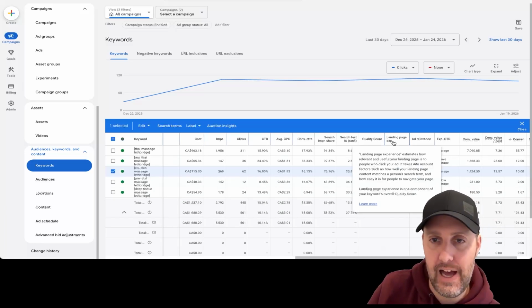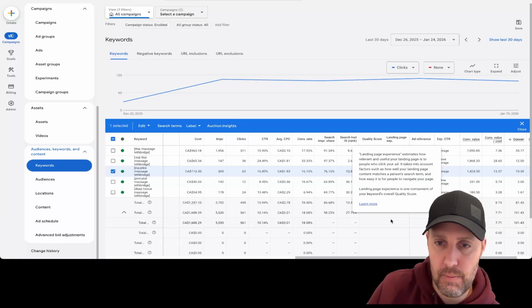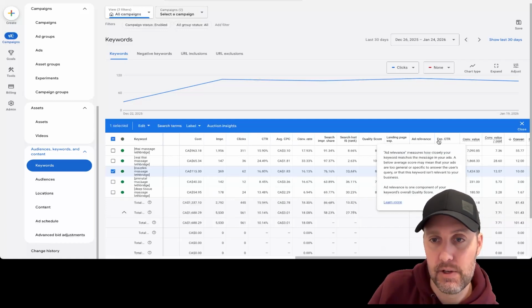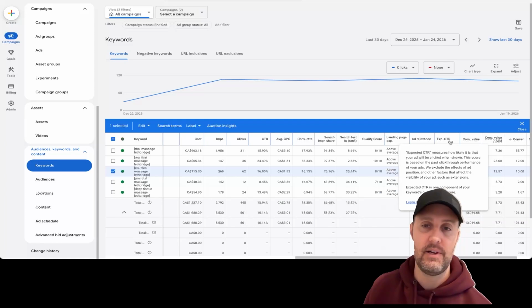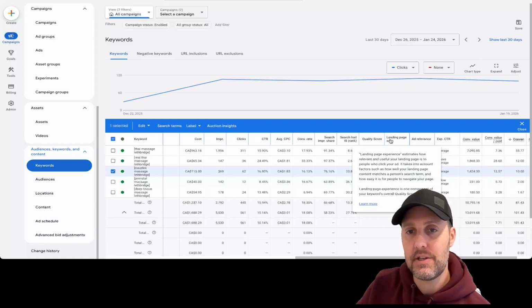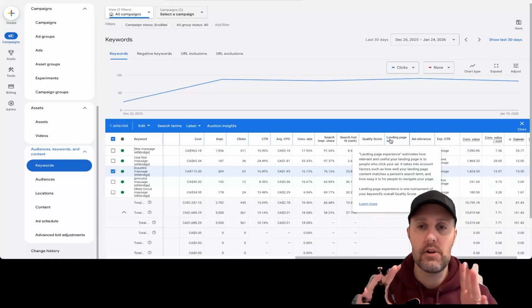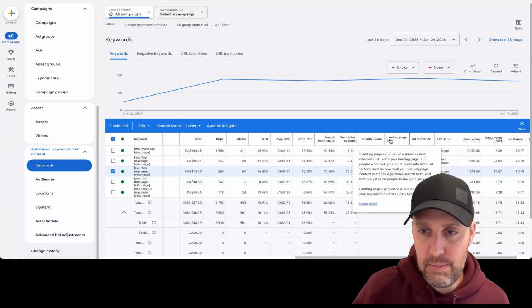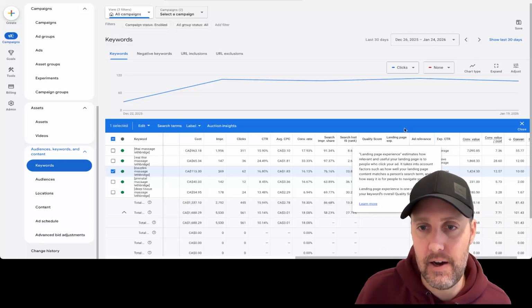You can't control that within this platform, but you're going to get some information on it here. You can control ad relevance to some degree in the ad platform, and you can control expected CTR by optimization within the platform. Landing page experience is critical, but none of it happens within the ad platform, and we're going to dive into that in a couple minutes.